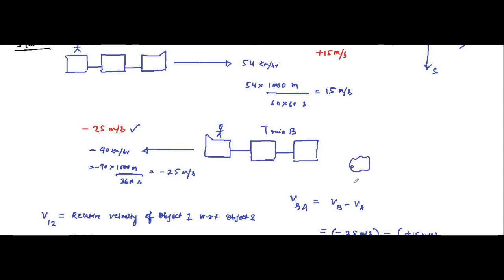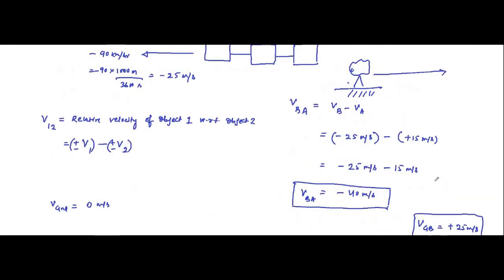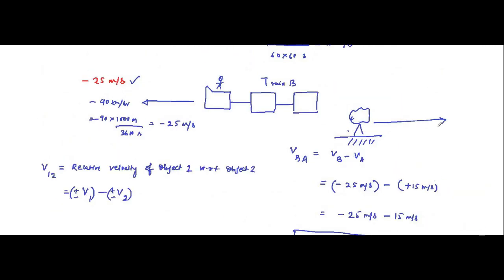For that person, it will appear as if the tree, which is on the ground, is moving away from him in this direction with a speed of 25 meters per second. As it is moving towards the right hand side, that's why plus sign, magnitude is 25.